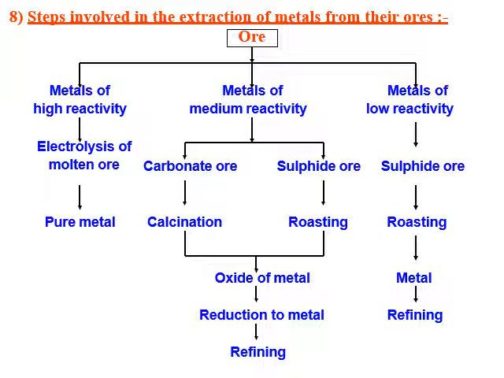Carbonate ore contains oxygen itself, so it undergoes calcination, or heating of the carbonate ore in absence of air, and we get the oxide of metal. Sulfide ore does not contain oxygen, so it will undergo roasting, means heating of sulfide ore in presence of air, and we get the oxides of metal, and we reduce the metal, and finally we refine the metal.